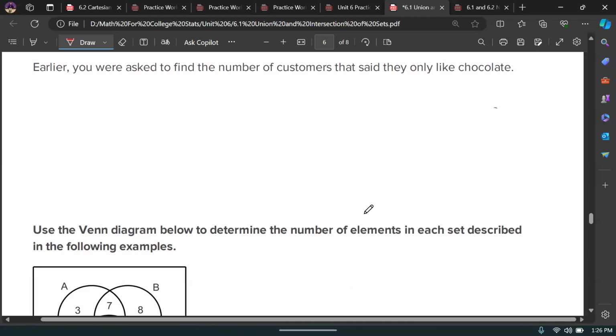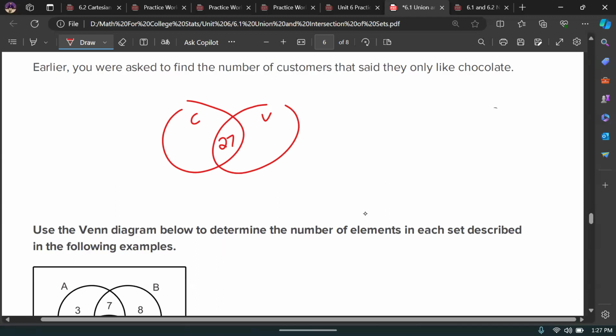So as you saw, we had chocolate, vanilla, and both. How many people liked both? Going back to my notes, there were 27 people that liked both. And there's a total of 98 that liked vanilla.